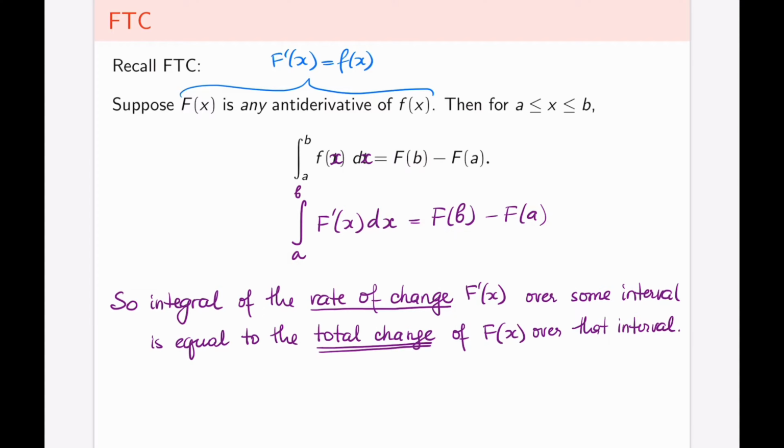What is also important to note here, though, is that this total change is actually net change. So the end value minus the beginning value without necessarily including anything that happened in the middle. And this is something we're going to have to be a little bit more careful about.